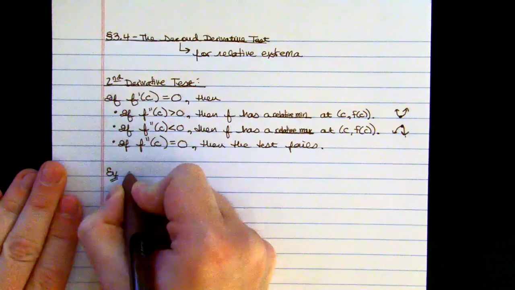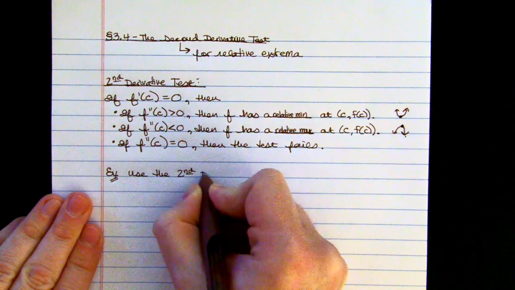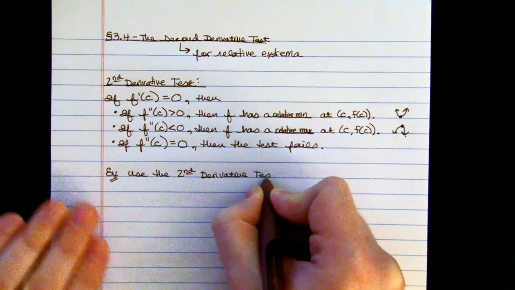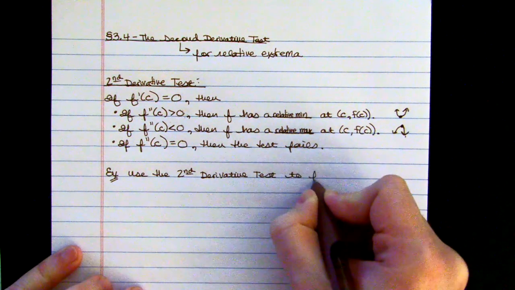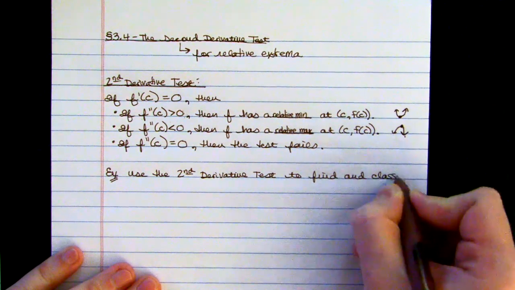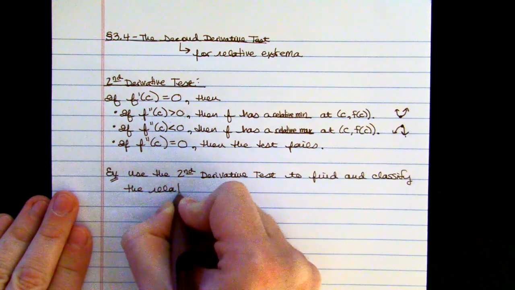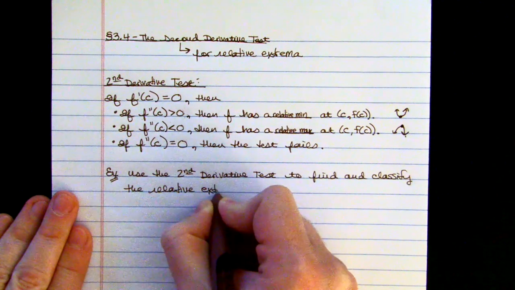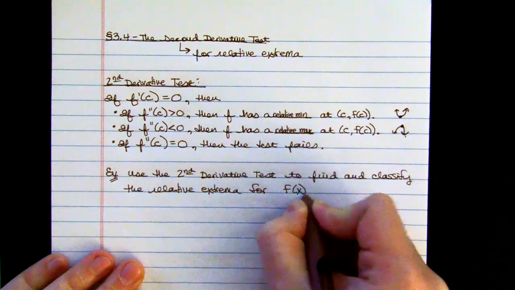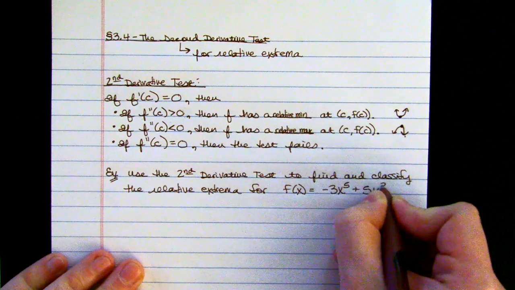For our first example, we are going to use the second derivative test to find and classify the relative extrema for the function f of x equals negative 3x to the fifth plus 5x to the third.